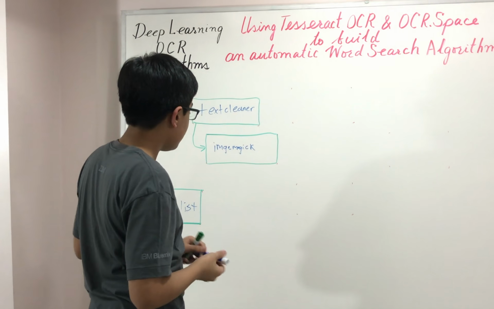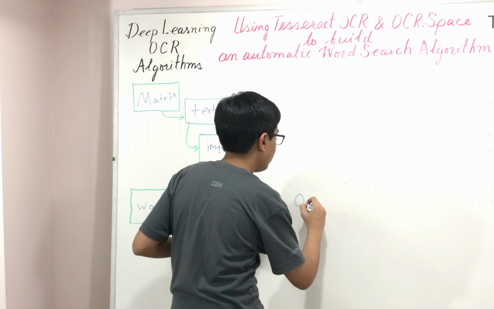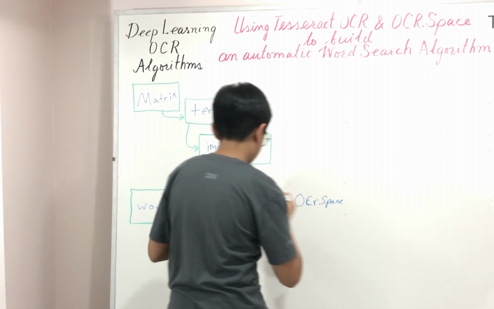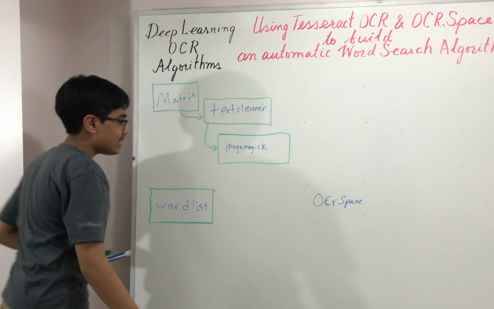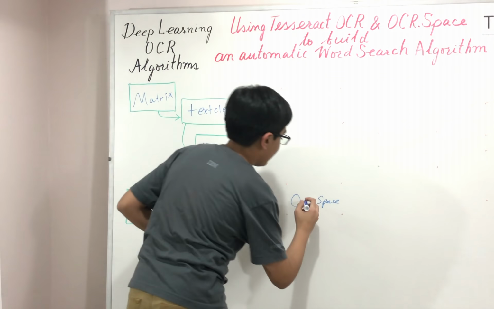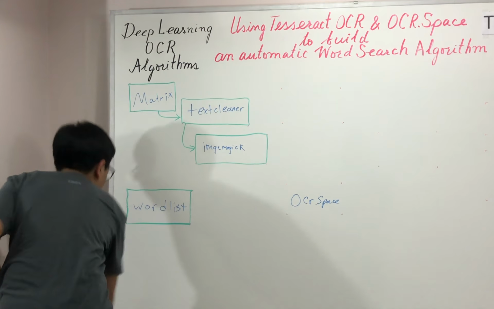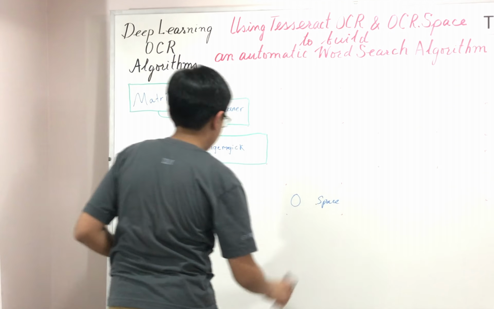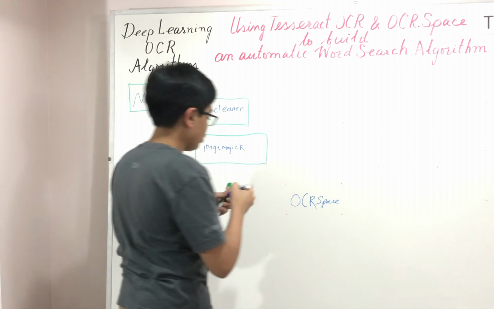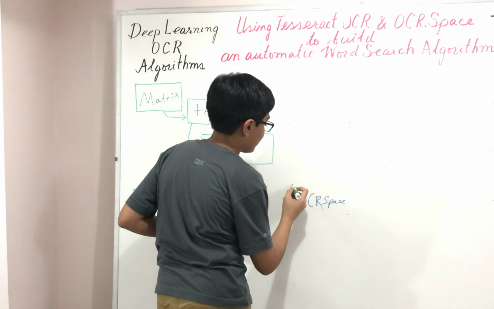So we're going to have a Python script that will send our word list to OCR.Space. Basically the Python script will take the image of the word list and convert that to post data, and that post data will then be sent over to OCR.Space using their generic REST API.